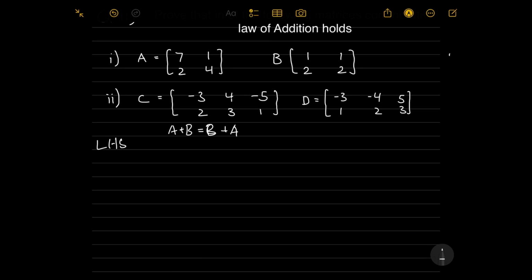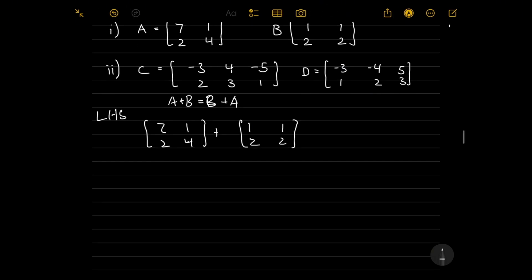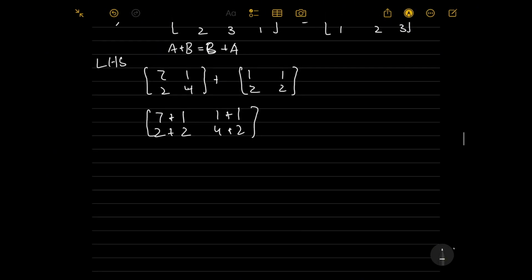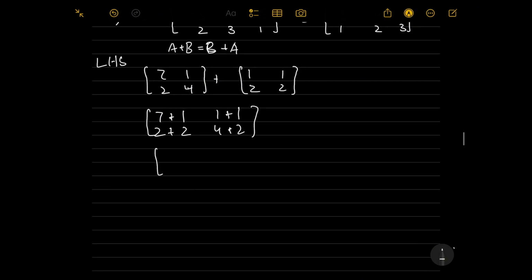So a is 7, 1, 2, 4 plus 1, 1, 2, 2. This is the left hand side. Adding these, 7 plus 1, 1 plus 1, which would give us 8, 2, 4, and 6. So this is the left hand side.